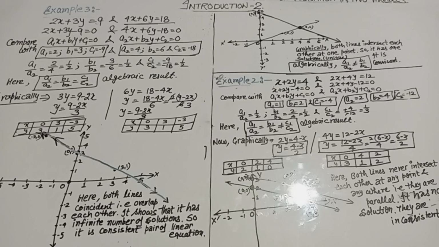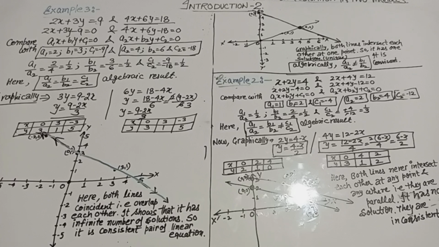Okay. So what we have observed algebraically, in the next video I will make a chart of the algebraic and geometrical interpretation of a pair of linear equations in two variables. Now you will go through these examples and think about them graphically and algebraically.